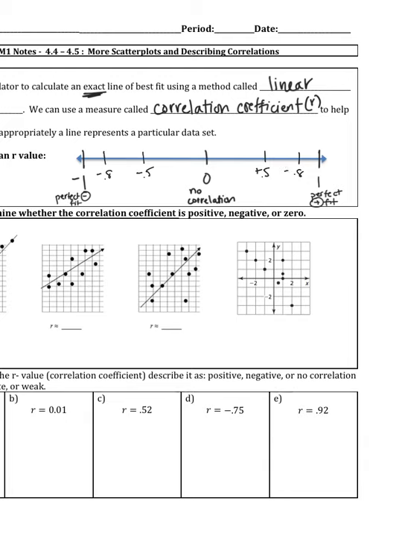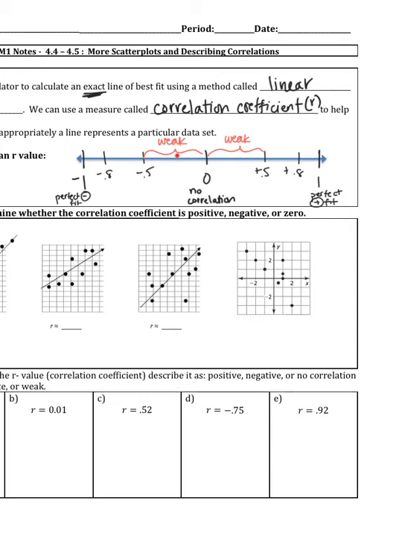If we have a correlation coefficient on either side between 0.5 and 0, we would consider that relationship to be weak. Okay, so positive would be weak in a positive direction, negative would be weak in a negative direction.